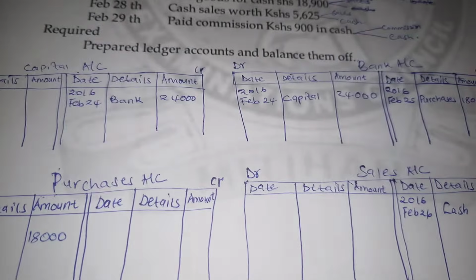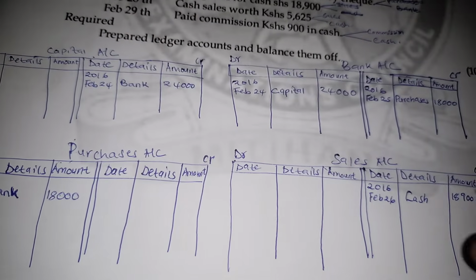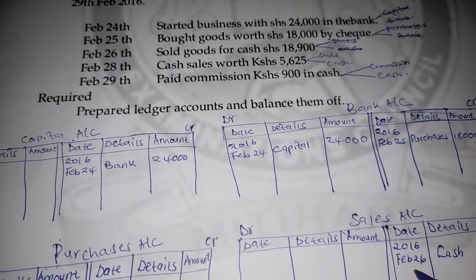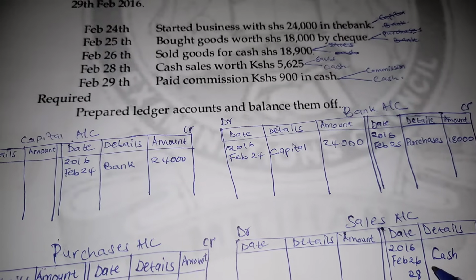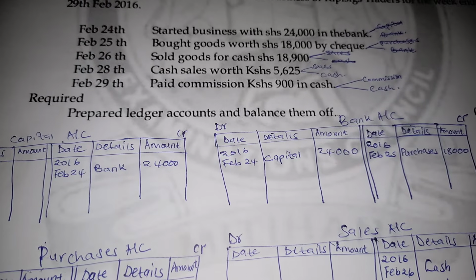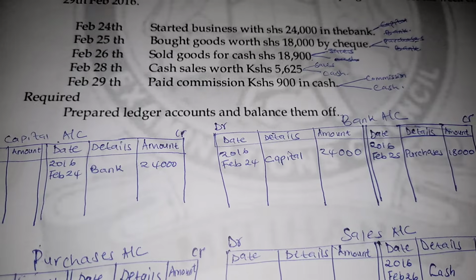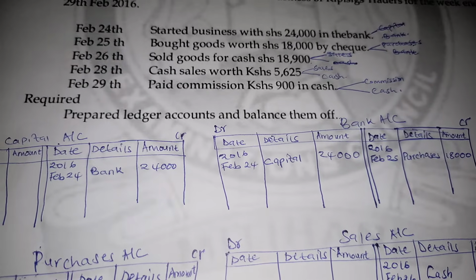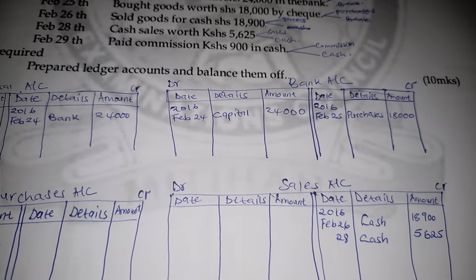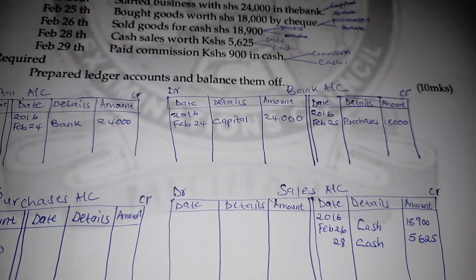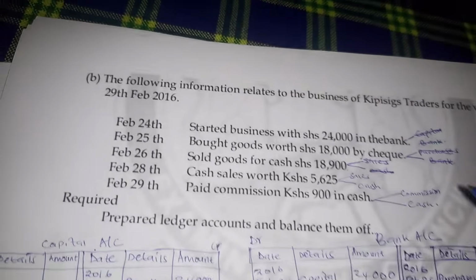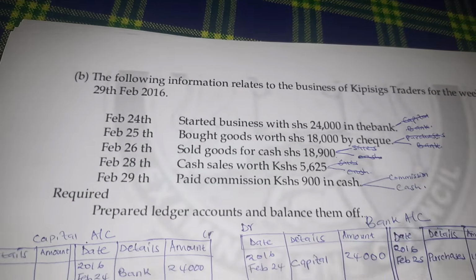Again, the sales account: we had earlier opened a sales account for date 26, so we need not open another one for date 28. We received some cash, 5,625. Before the next date, we strike that one.